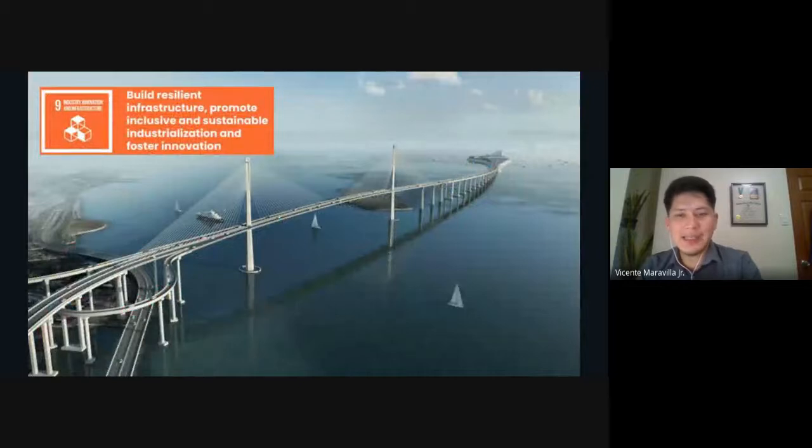Next is SDG 9. Build resilient infrastructure, promote inclusive and sustainable industrialization, and foster innovation. Infrastructure, industrialization, and creativity: resilient and sustainable infrastructure is critical in the tourism context.